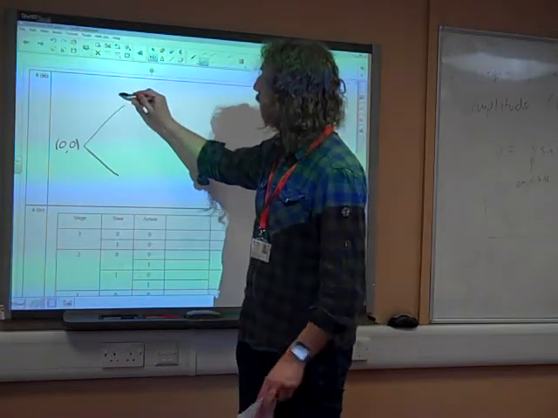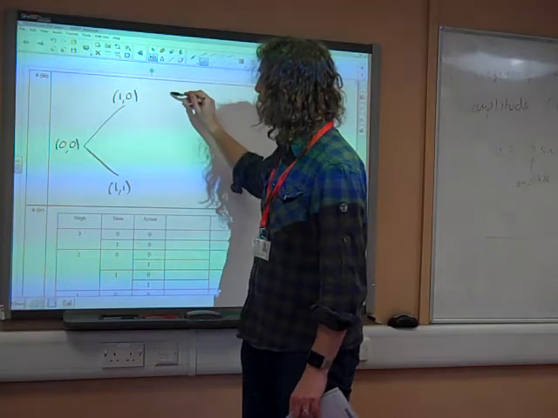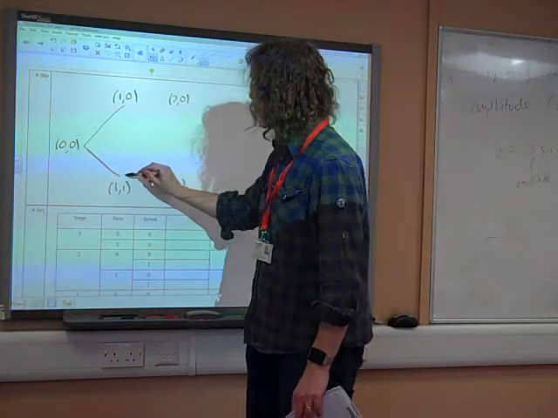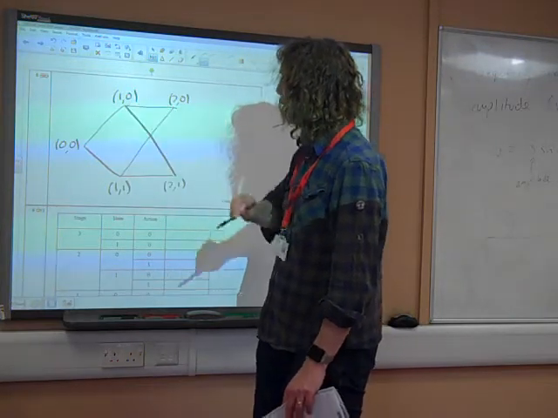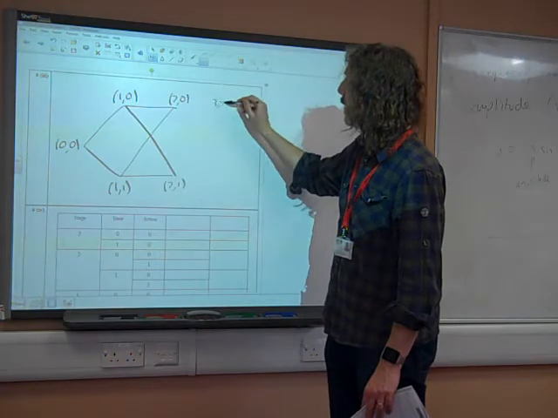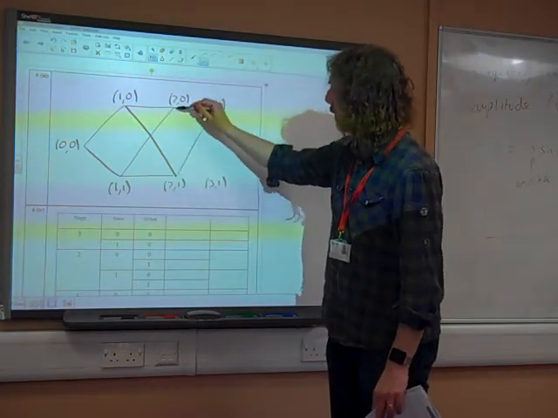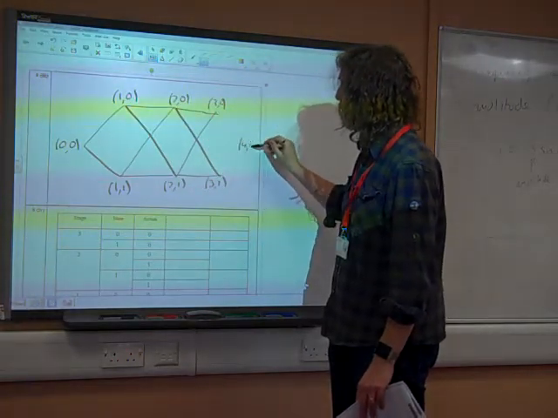Those 2 paths are 1, 0, and 1, 1. And then we have 2, 0, and 2, 1, and each of them can go to each of the others. And then we have 3, 0, and 3, 1. And then we have 4, 0 at the end of it.